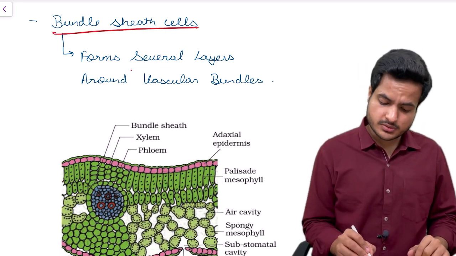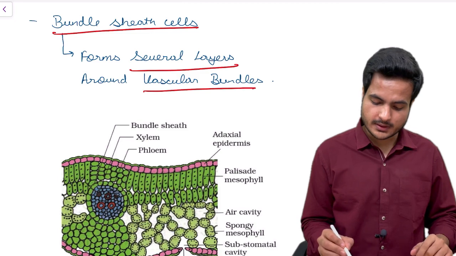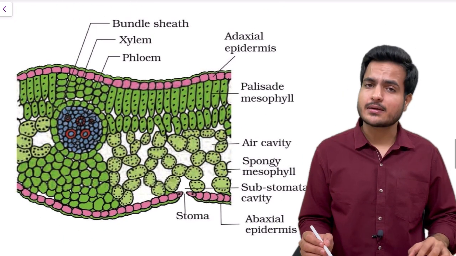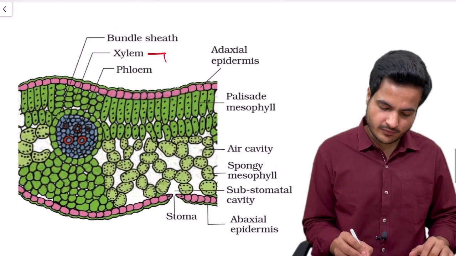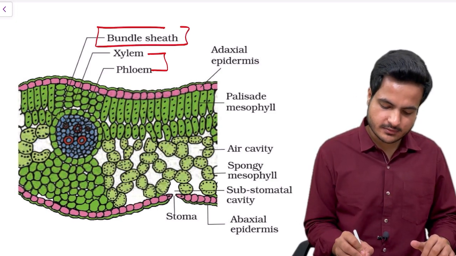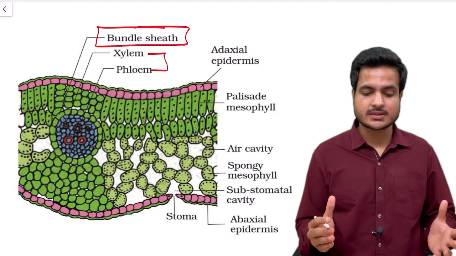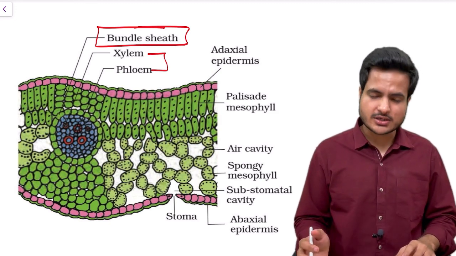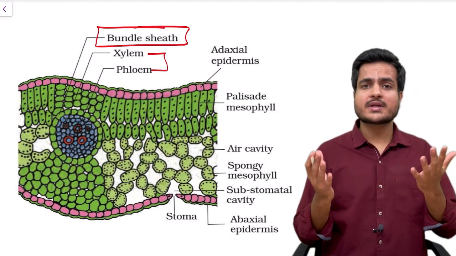Now let us see what is so unique about these bundle sheath cells. Bundle sheath cells form several layers around vascular bundles, and in this NCERT diagram you can see that xylem and phloem are the vascular bundles, and around them we can see the bundle sheath cells. This diagram is actually a longitudinal section of a dicot leaf.